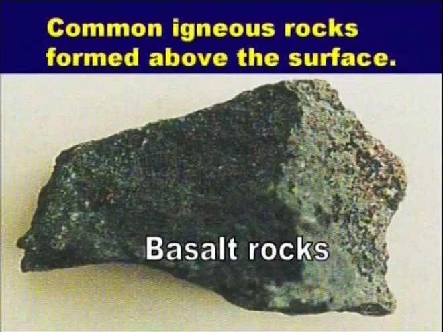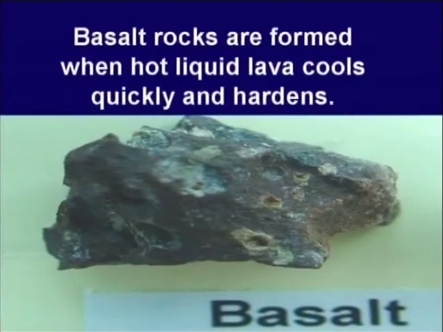We have seen in the diagram earlier that some rocks are formed above the surface, and one of them is basalt rock, and that is how it looks. Basalt rocks are formed when hot liquid lava cools quickly and hardens, and this happens above the surface.